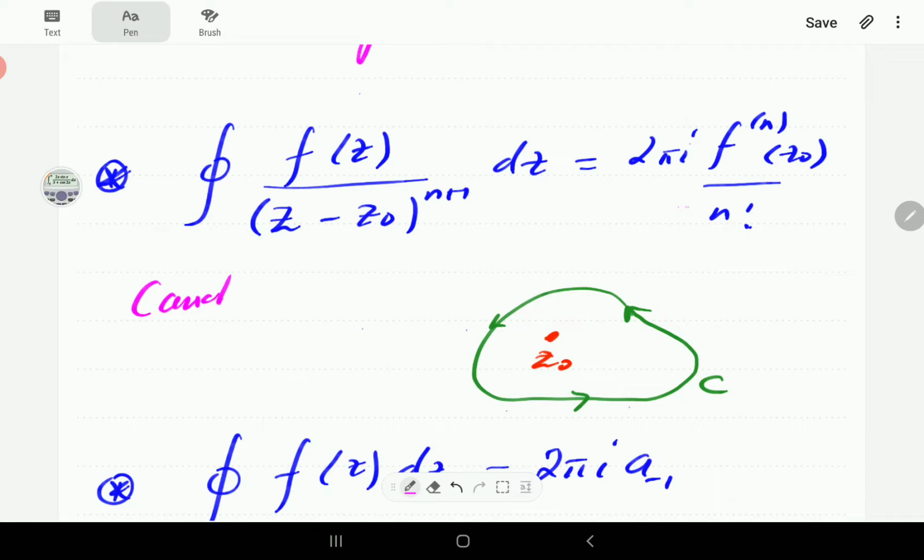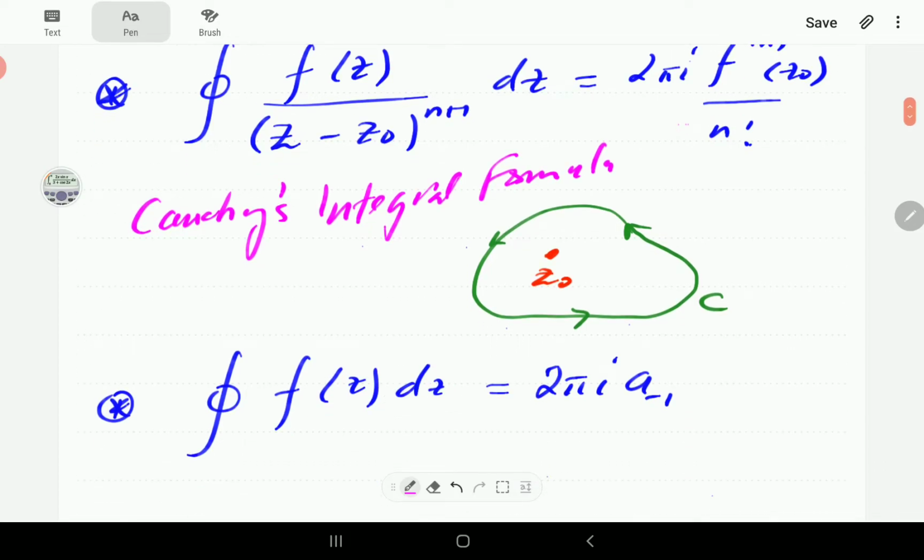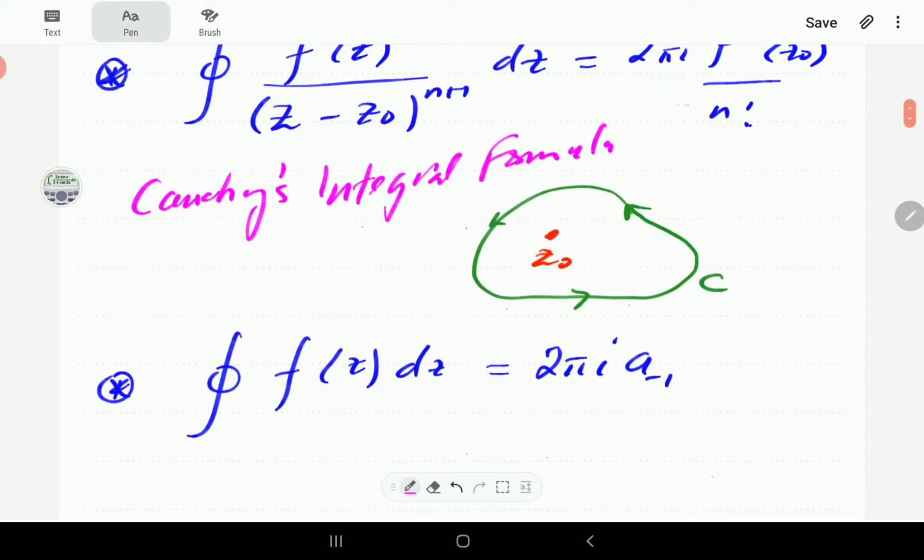So that is Cauchy's integral formula. So it caters for the case where you have got a simple closed contour and your integrand is singular at just one point.